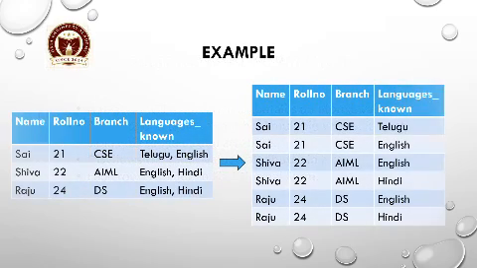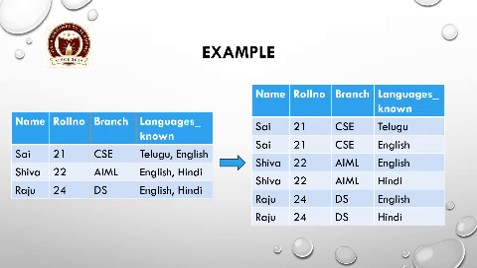Here I am taking a student table as an example, which consists of name, roll number, branch and languages known as columns. In this table, the languages known column has multiple values. So to achieve first normal form, we need to remove these multiple values in the languages known column, which means here Sai knows Telugu and English languages, but multiple values are not allowed in first normal form.